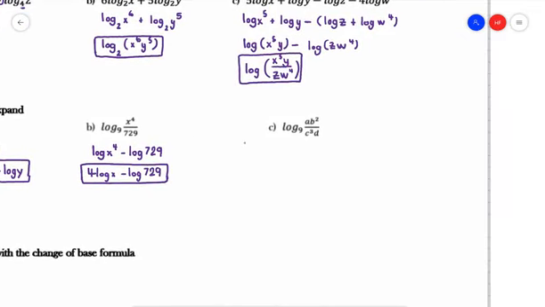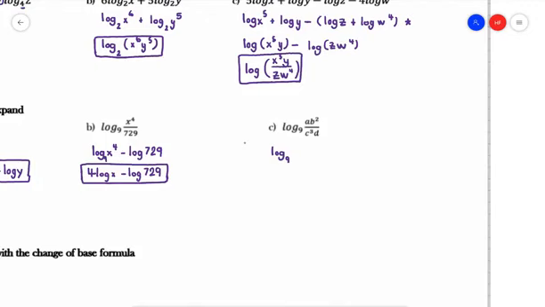And then when we do C here, it's going to kind of make sense why we did the minus plus on this first step. So we've got log base 9.